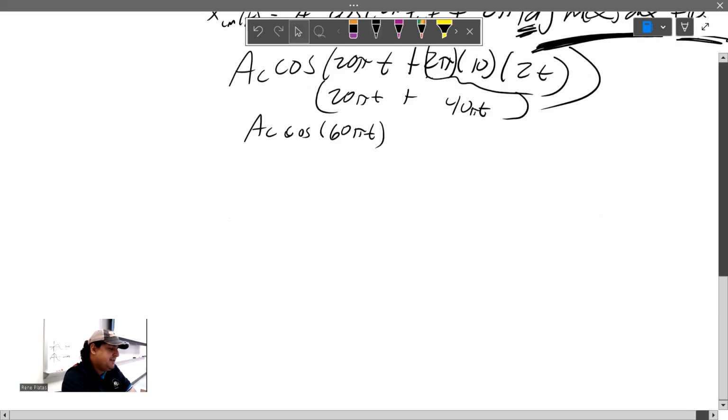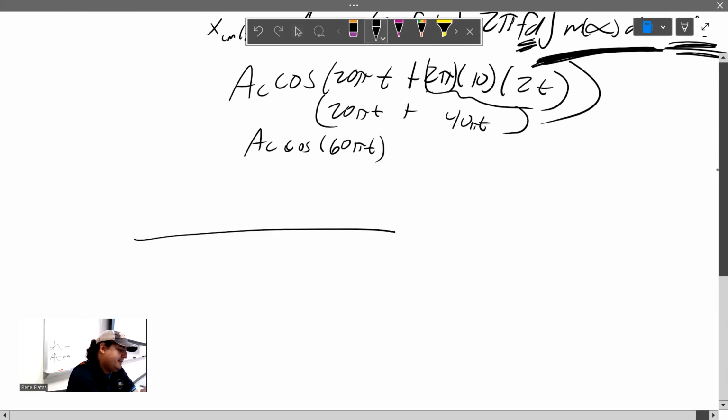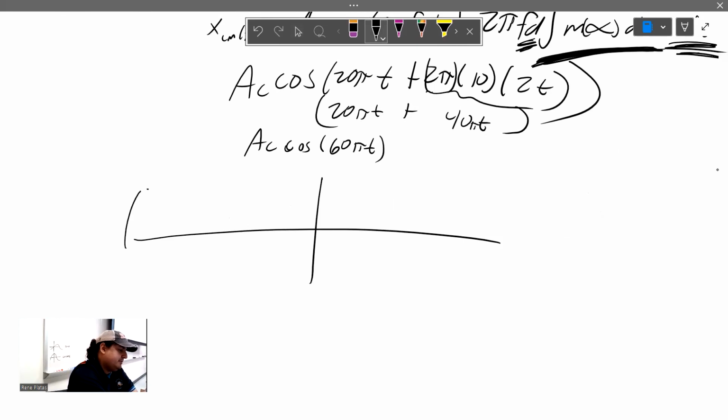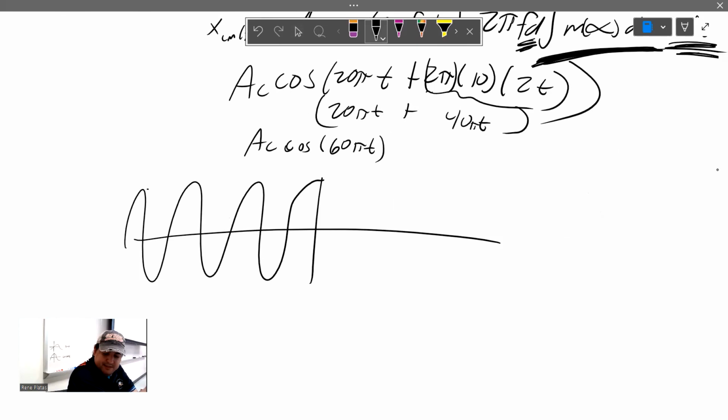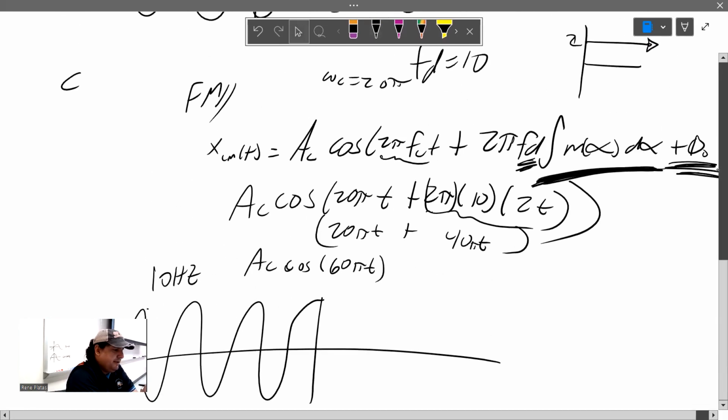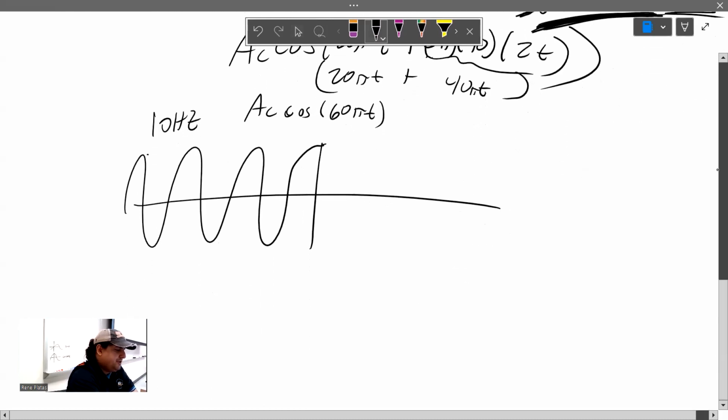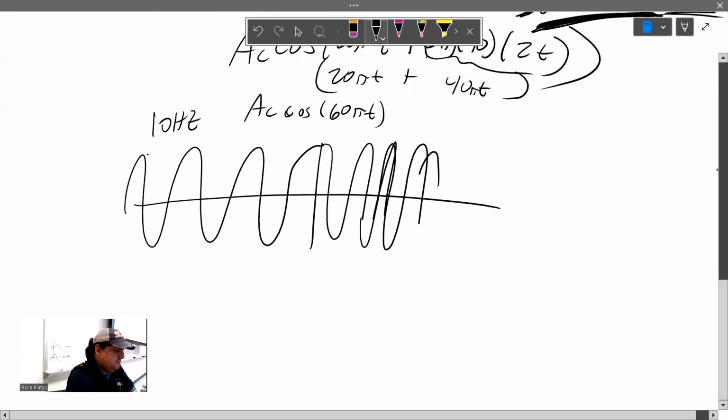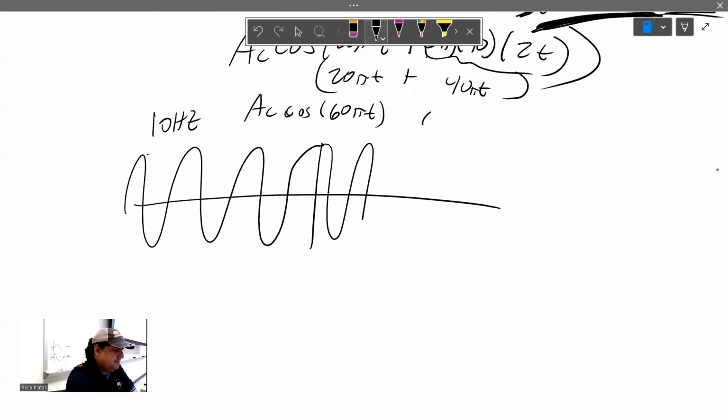So the output of this phase modulator is that it starts off like this, with a frequency of 10 hertz. And then afterwards it shifts into overdrive and goes to 60 hertz.